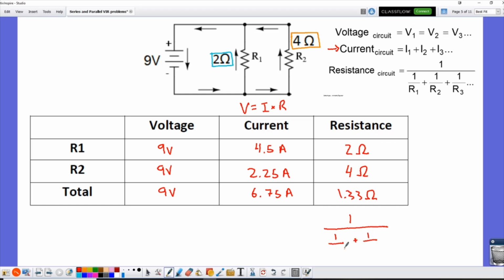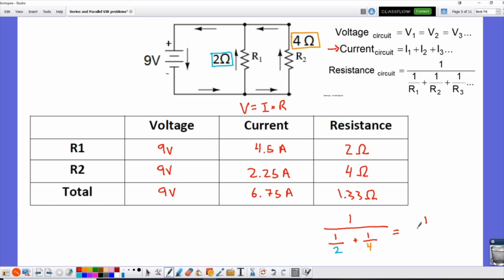And instead of R1 here, I'm going to put the actual value. So R1 was 2. And R2 was 4. Okay, so what we're actually going to do first here is figure out what 1 over 2 plus 1 over 4 is. And of course, we know that to be 3/4.